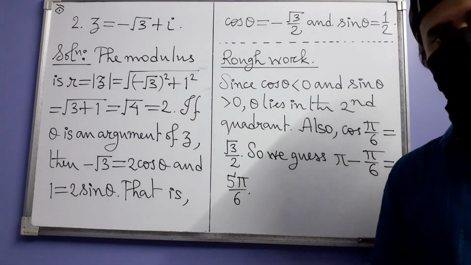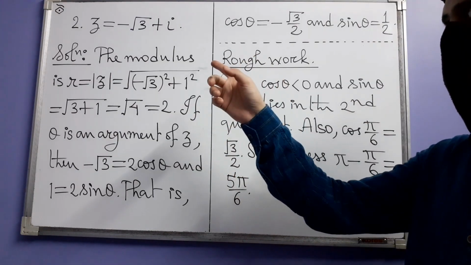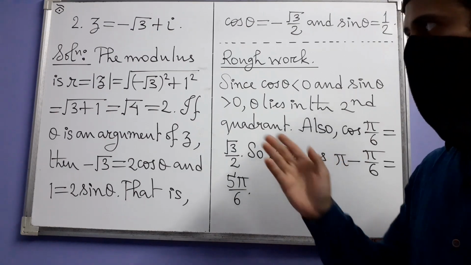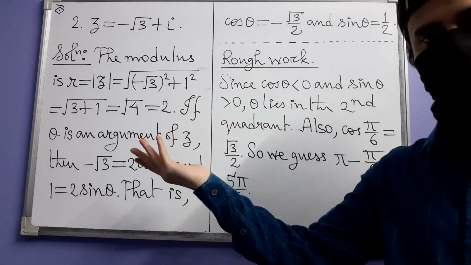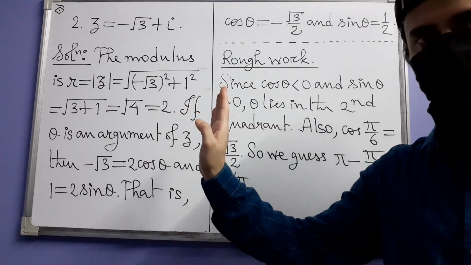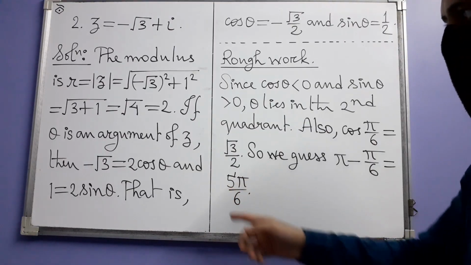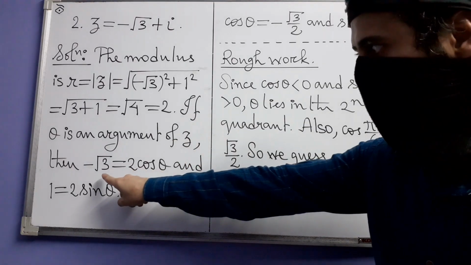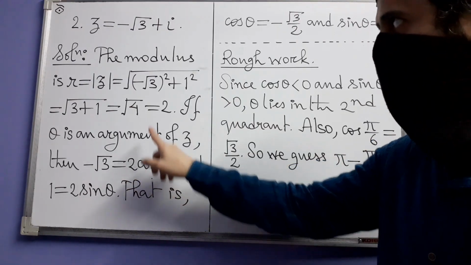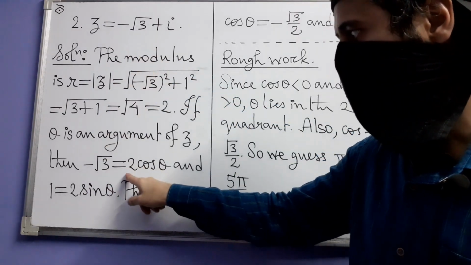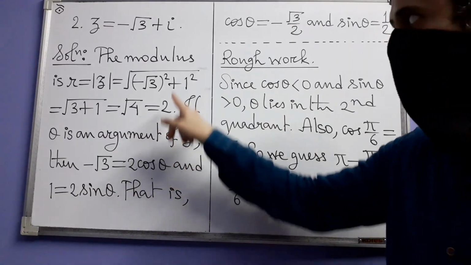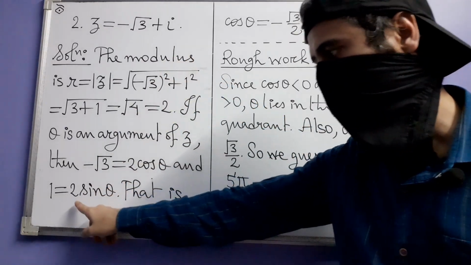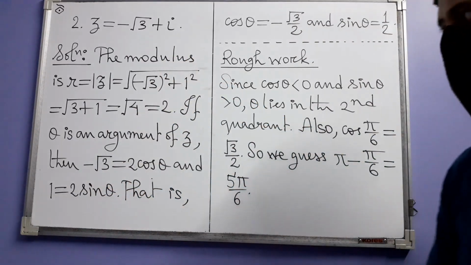For this second one, the complex number is minus root 3 plus i. So the modulus, like before, turns out to be 2. And again the same procedure: let theta be an argument of z, and this time we get these two equations. The real part equals modulus cos theta, and the imaginary part, which is 1, equals modulus sin theta.